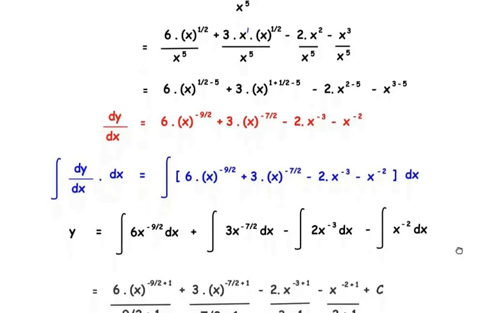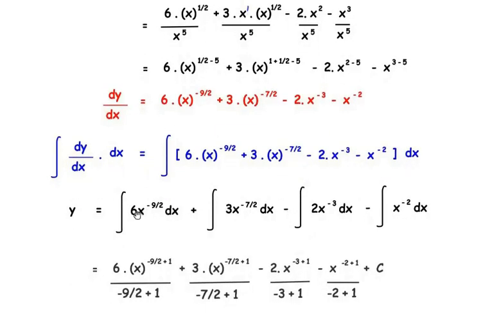So using the formula we get, now since 6 is a constant in the first term, we have taken it out.